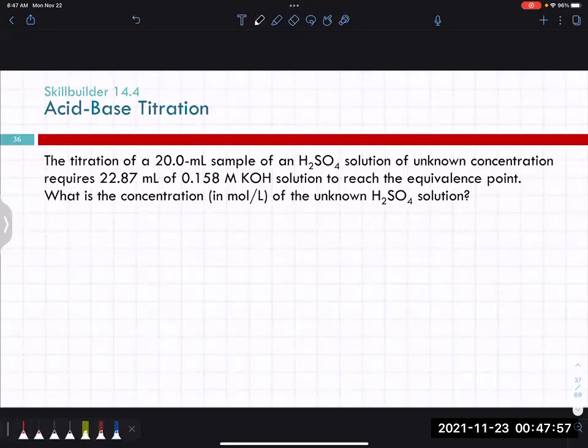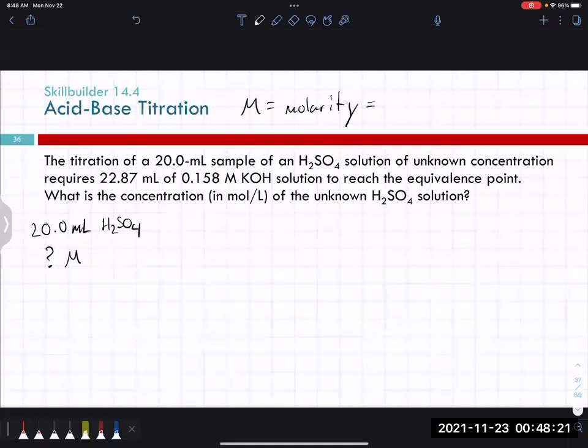So always start with what you know or what you're given. We have 20.0 milliliters of this H2SO4 solution. We have an unknown molarity. Again, capital M is molarity, which is moles per liter.